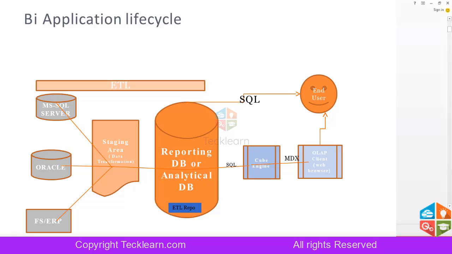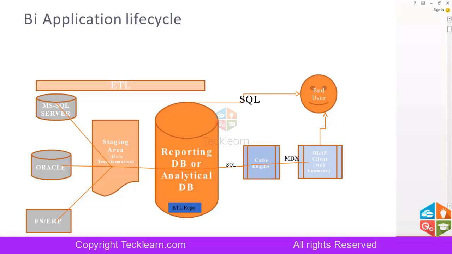Remember, in my earlier diagram I showed you that the data is extracted and taken directly into a central system, an RDBMS. But in practical industry it is not done directly. The loading will first happen to a staging area.